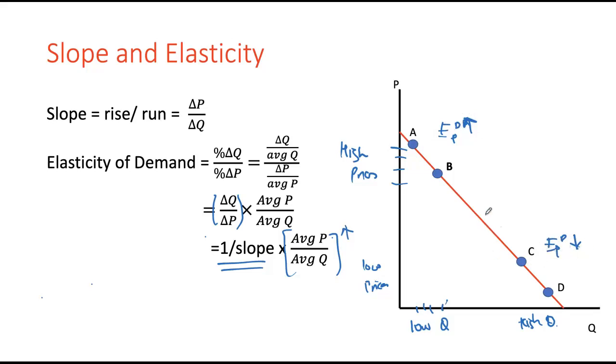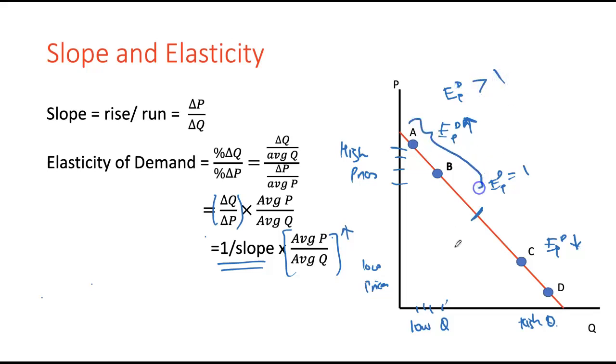In fact, we can segment this demand curve into 3 particular parts. We will have a point on the demand curve where elasticity is exactly equal to 1. This is the elasticity in its absolute value, so we're ignoring the negative. Then the upper segment of the demand curve, because you can see the higher the prices we are working with, corresponding to low quantities, the elasticity measure is increasing. So we have a segment of the demand curve which has elasticity greater than 1.